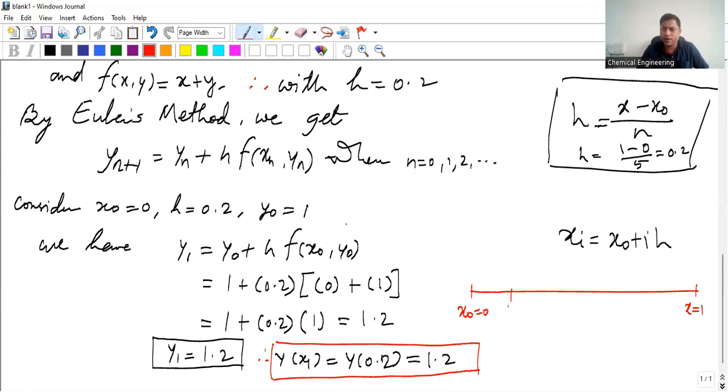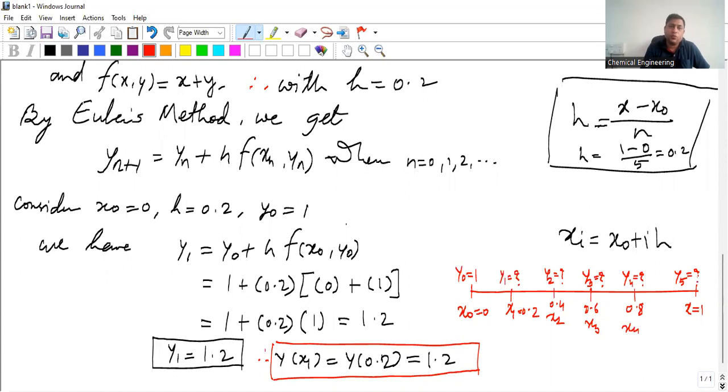Here we have x1 which is 0.2, then 0.4, this is x2, then 0.6, this is x3, then 0.8 and this is x4. Corresponding value y0 we know is 1, y1, y2, y3, y4 we have to calculate, and finally we have to reach y5.